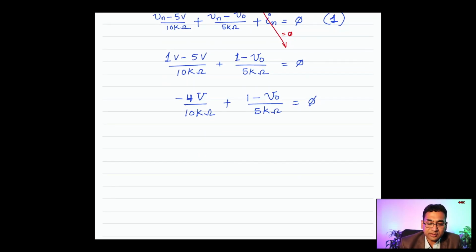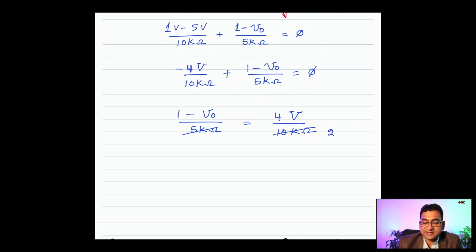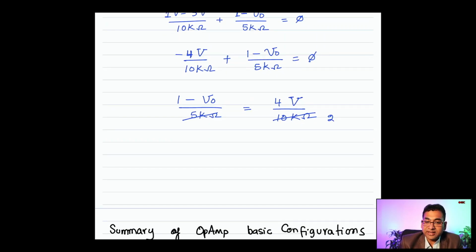So I am going to rearrange: 1 minus Vo over 5 kilo ohms equals 4 volts by 10 kilo ohms. So multiply both sides by 5 kilo ohms. You can see that this divides twice.